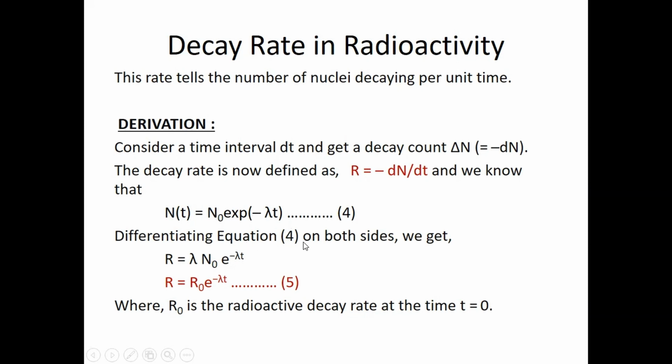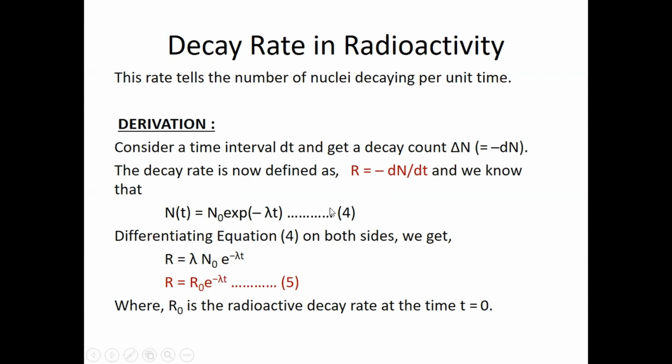We differentiate it with respect to time on both sides, and we get the rate R. N naught is a constant. When you take the derivative of e to the power minus lambda t, it brings down minus lambda, and then e to the power minus lambda t.